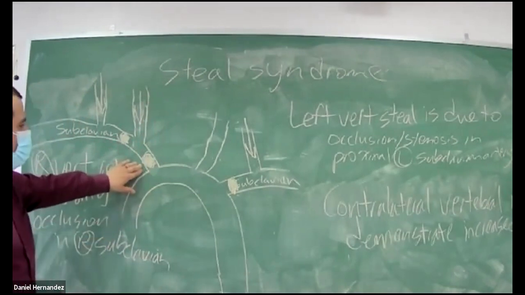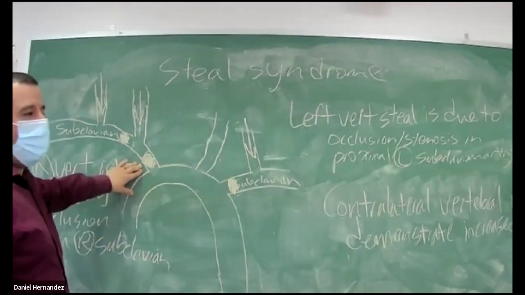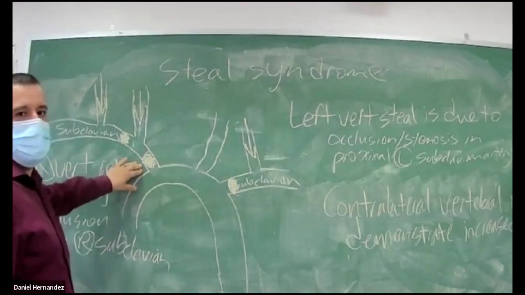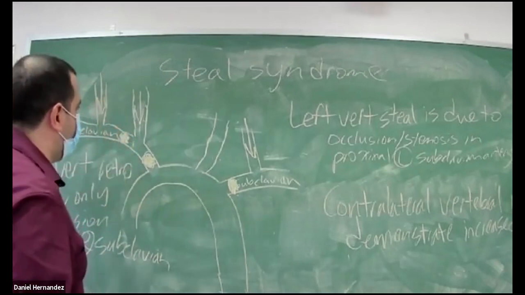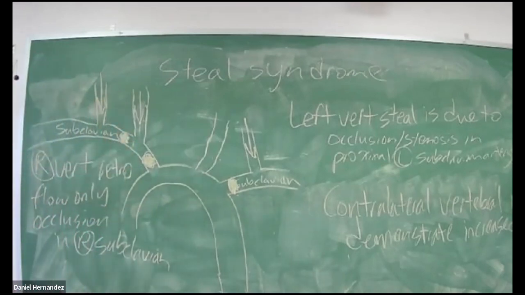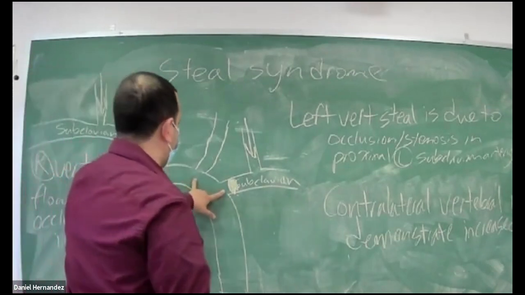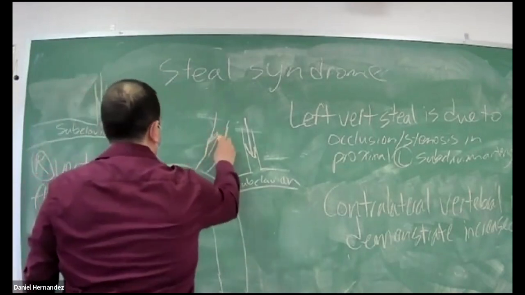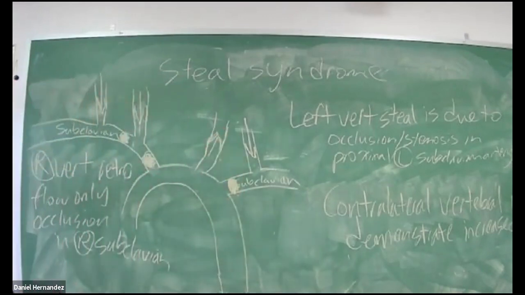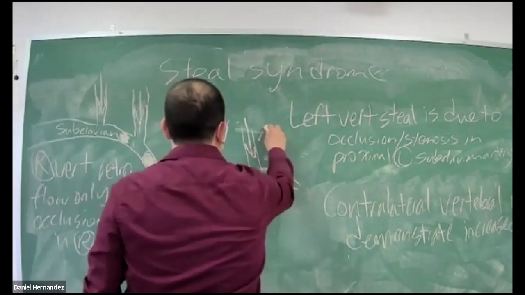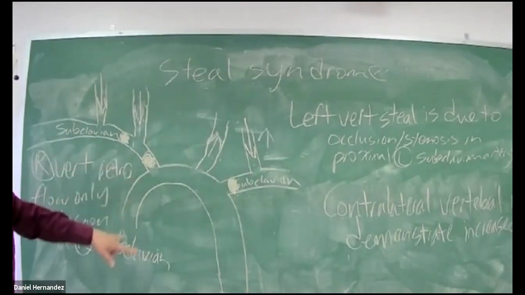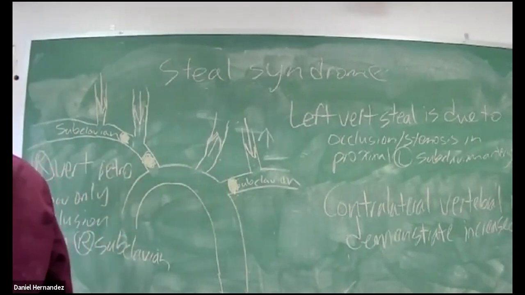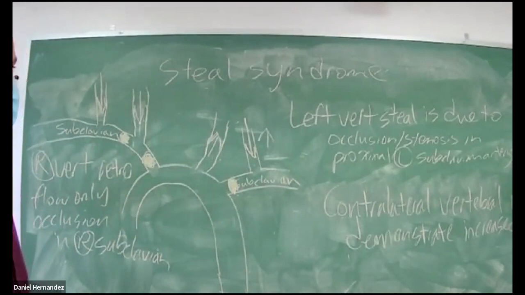But if that lesion is more proximal, before the right common carotid artery, then we have retrograde flow in both. And if we have retrograde flow in both, then we'll see an increase in both common carotid and an increase in the left vertebral to compensate for those two being retrograde. I hope you can kind of appreciate and understand that.